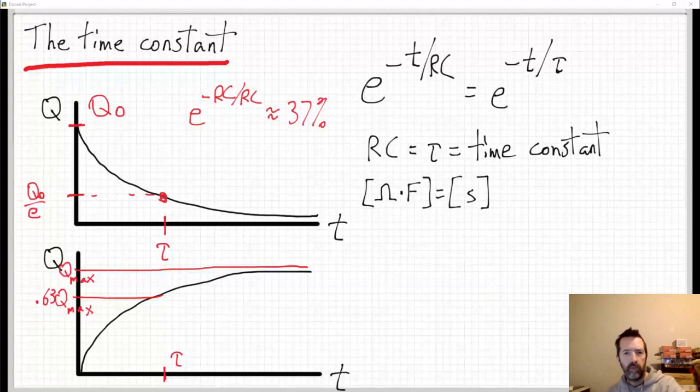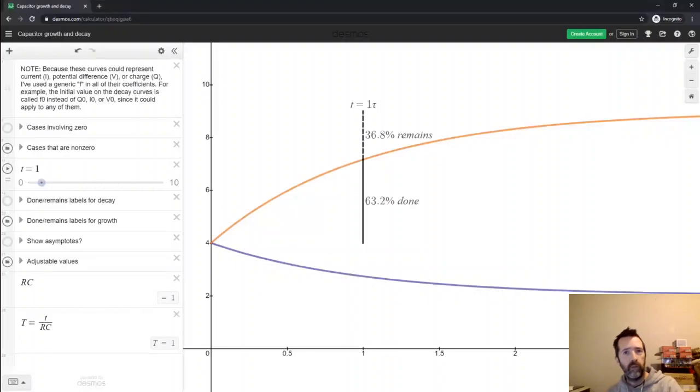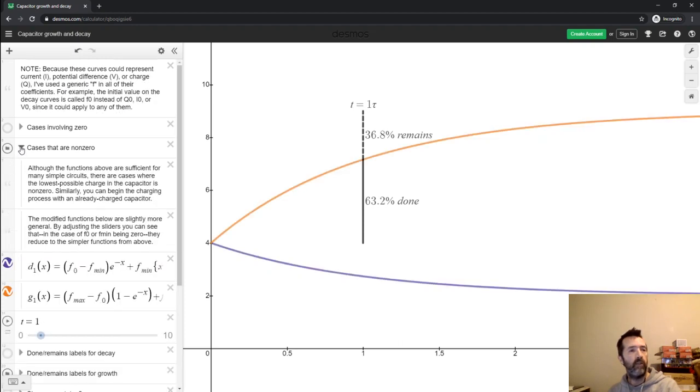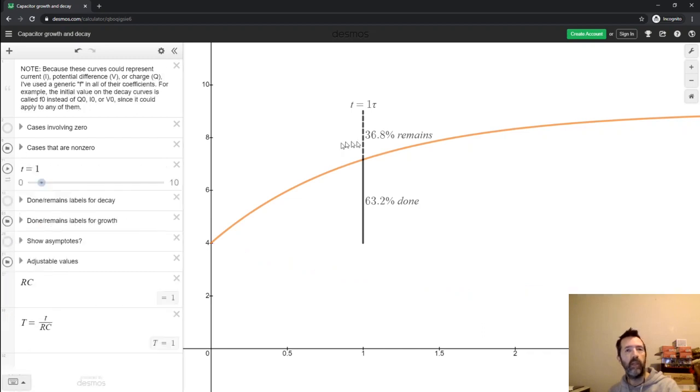So let me switch to this Desmos graph. I should hide that purple one. Cases that are non-zero. I'm going to send you a link to this graph so you can mess with it. I just want you to think about the one case that I'm showing here right now.